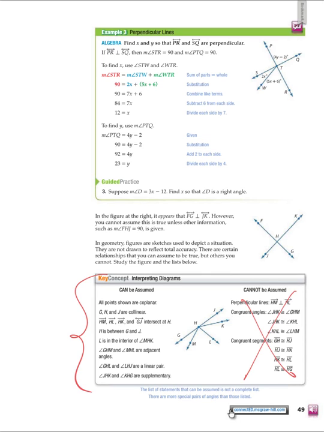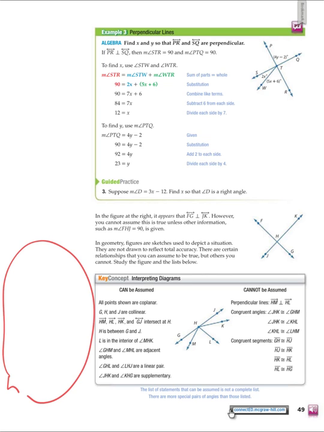The biggest thing that I can suggest to you with regard to assuming if something's true or not is if you find yourself saying, the drawing looks that way.